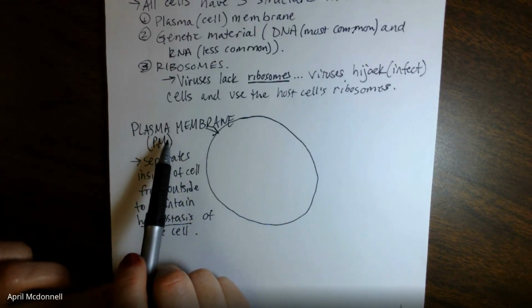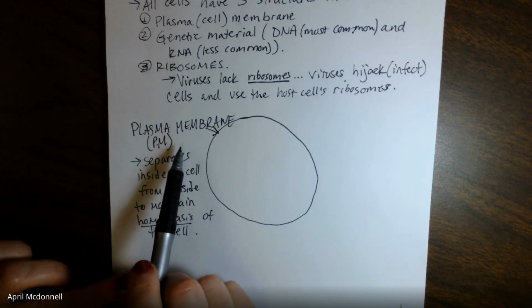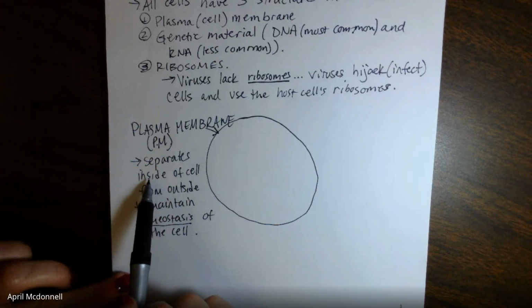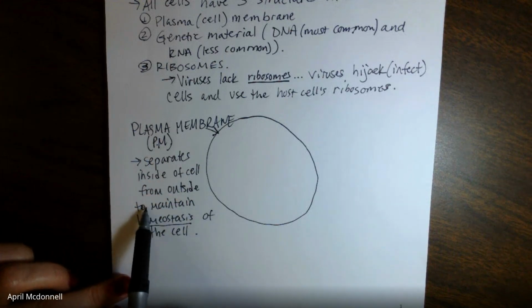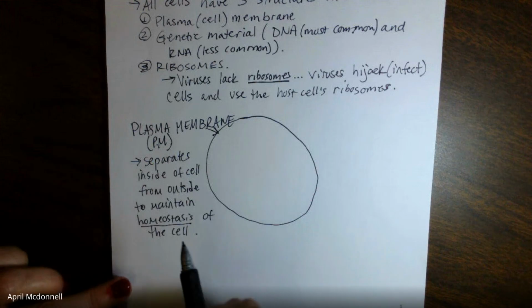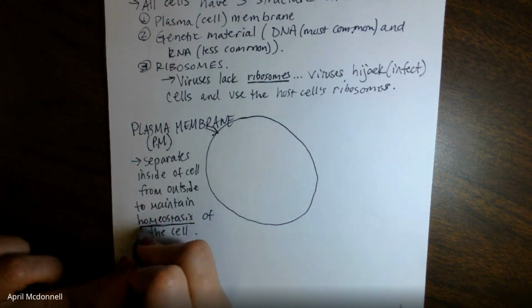We're going to describe the plasma membrane as separating the inside of the cell from the outside of the cell in order to maintain homeostasis of the cell.